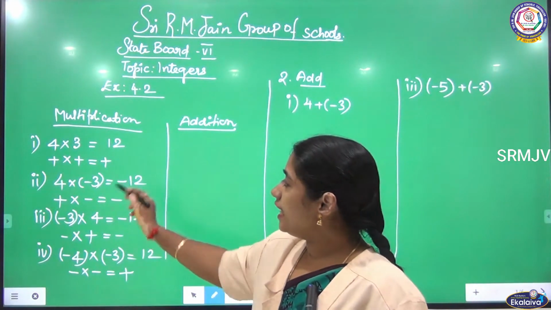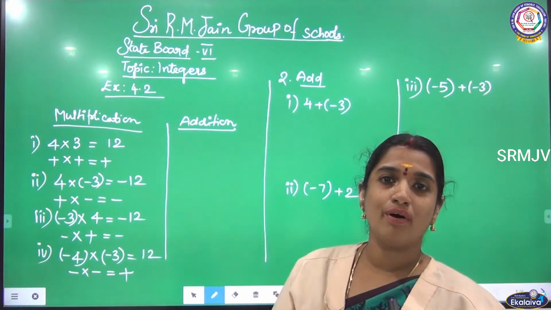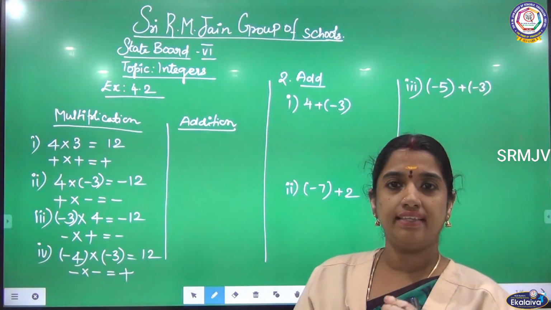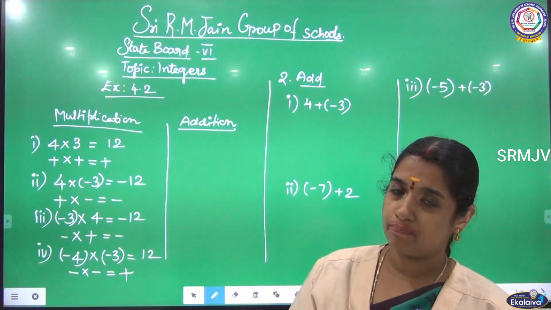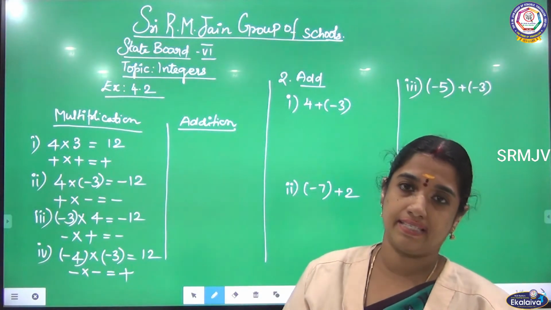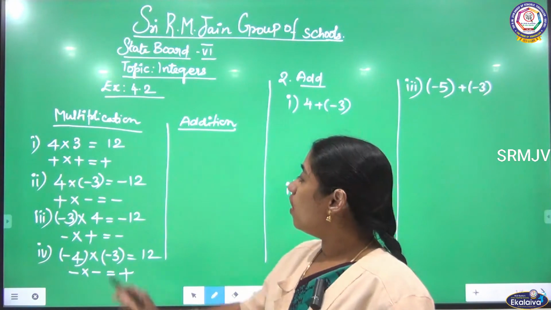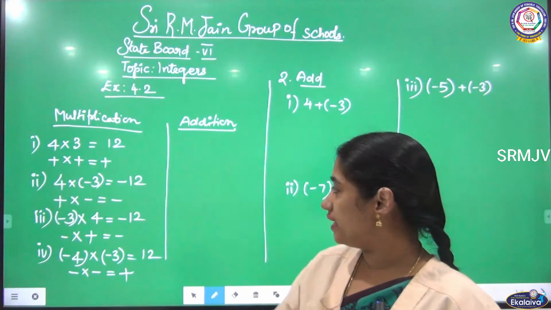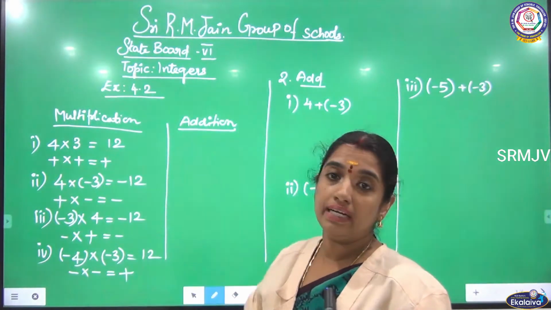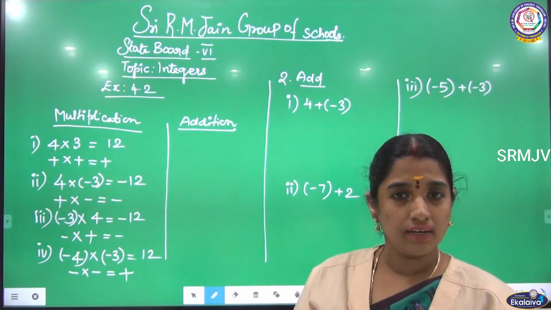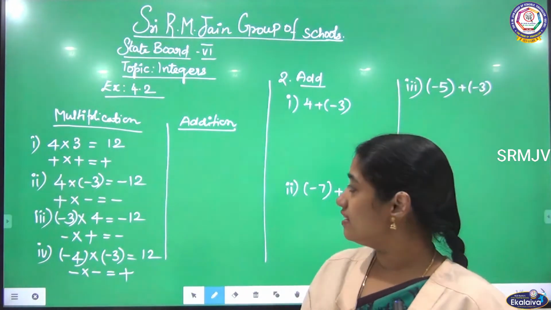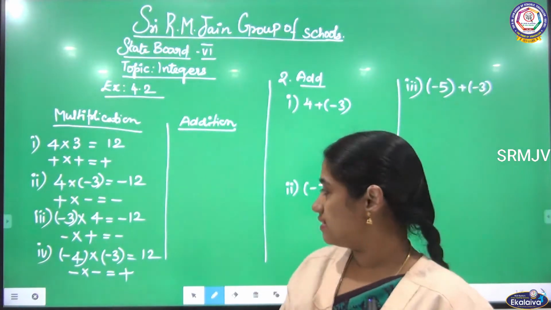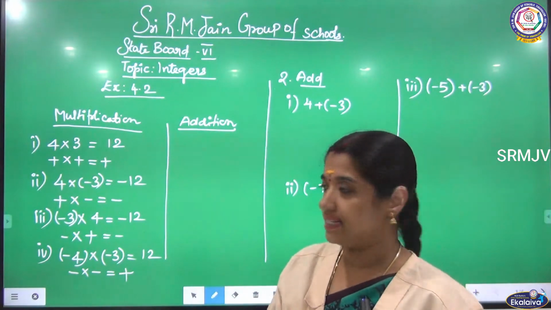Plus into plus, both are positive, both signs are the same, so you get plus. And alternate sign, plus into minus, is minus. We are talking about multiplication.